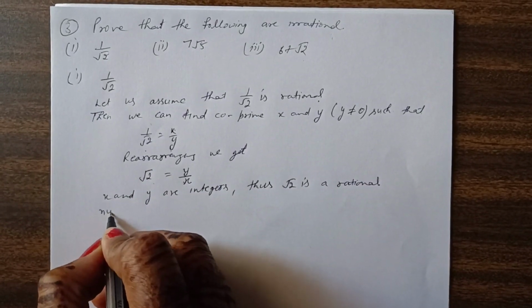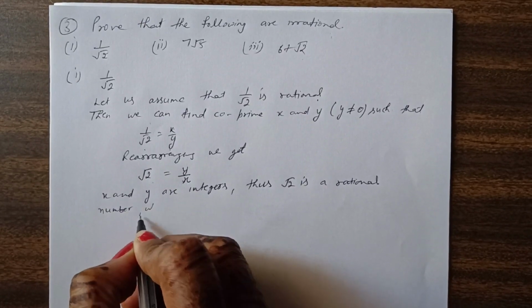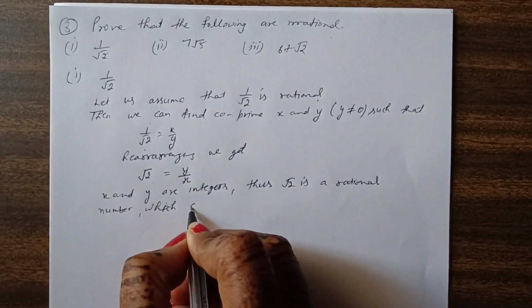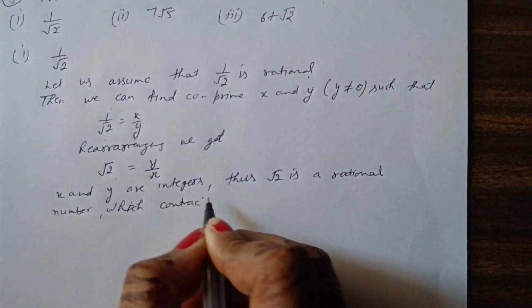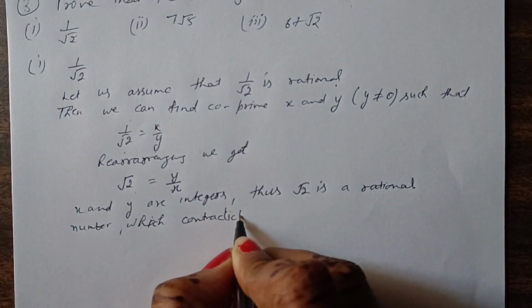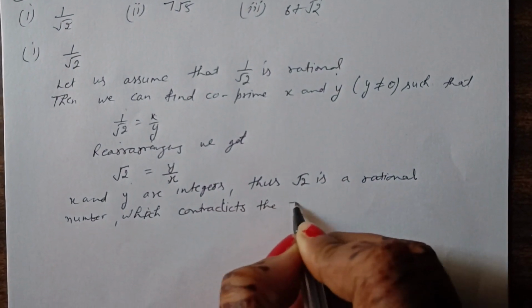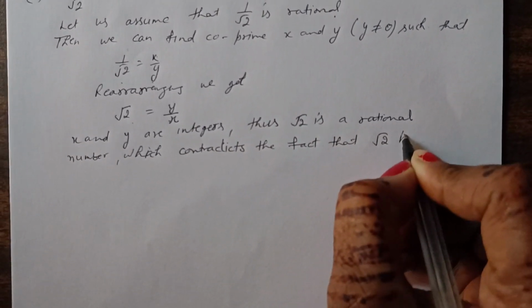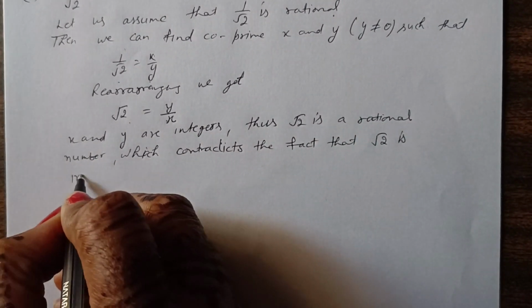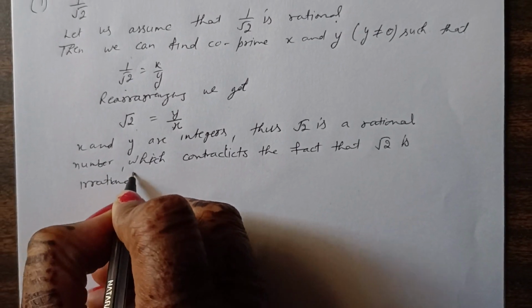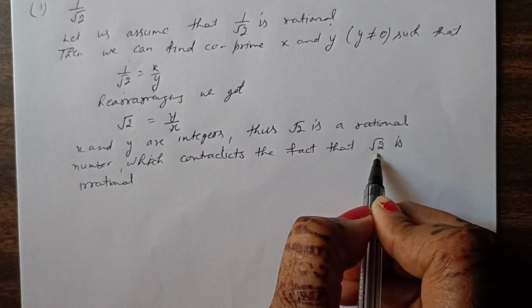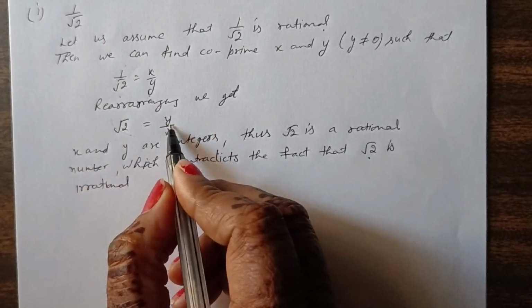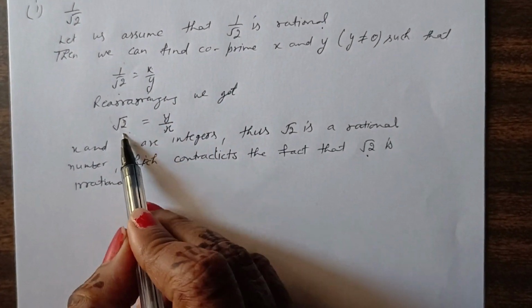Which contradicts the fact that root 2 is irrational. We know that root 2 is irrational, but in this method we prove that root 2 is rational.